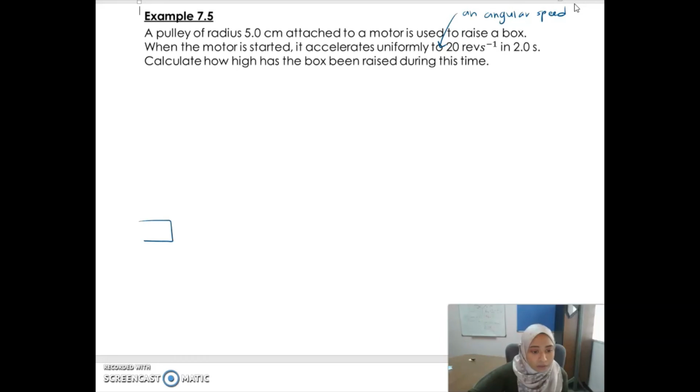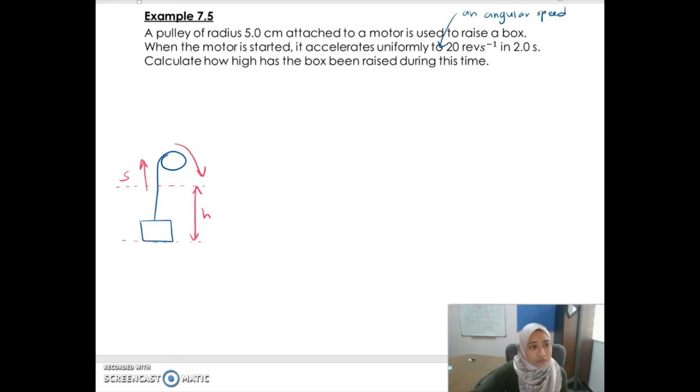So I have a box and I attach it to a pulley, and then I keep on pulling this pulley, and what happens is I get displacement. The box displaces upwards, which gives it from the ground level to a certain height.